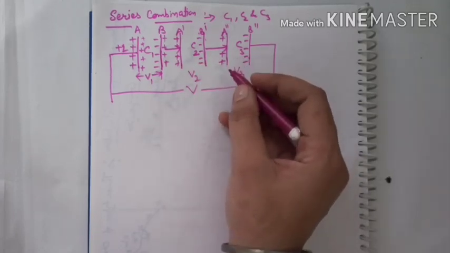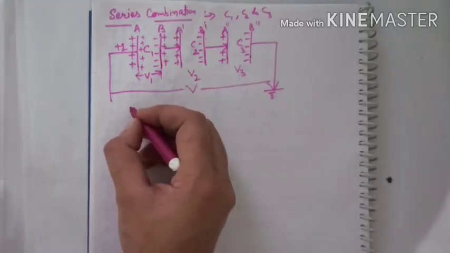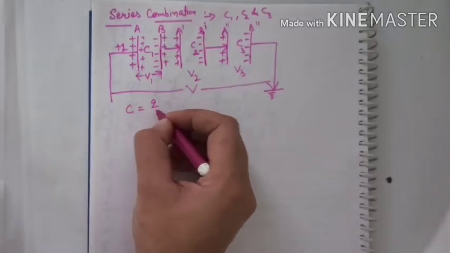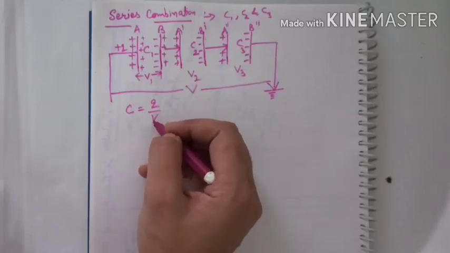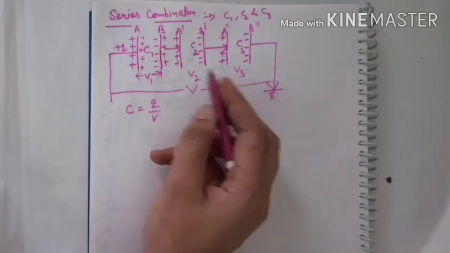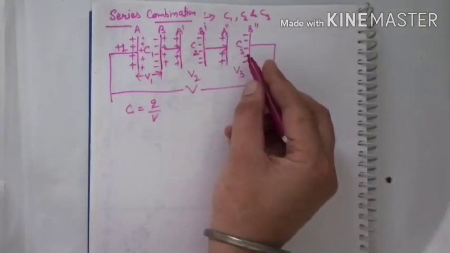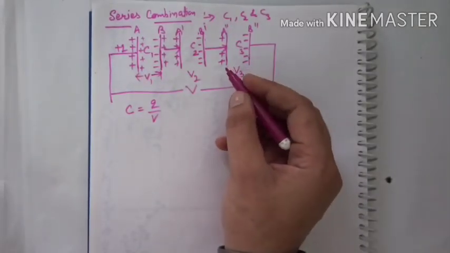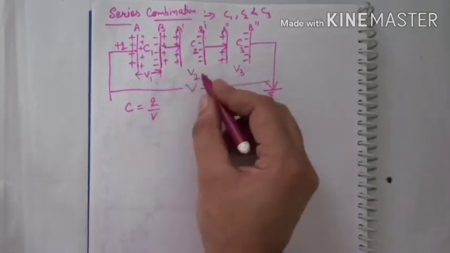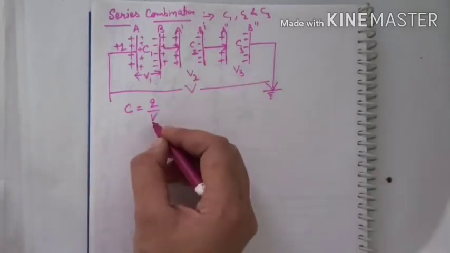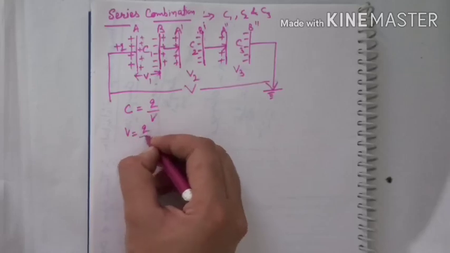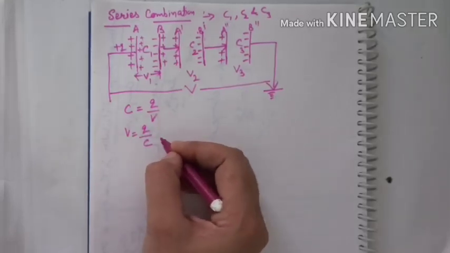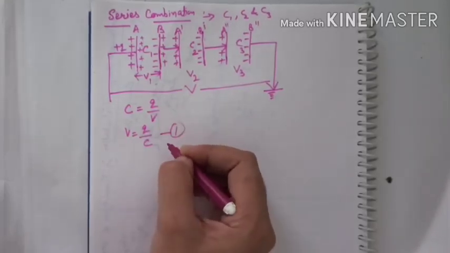We know by the definition of capacitance that C is equal to charge per unit potential. Here the potential is different but the charge is same. Charge is same in series combination but the potential is different. So we will calculate only potential. V is equal to charge per unit capacitance. Say that this is equation number 1.